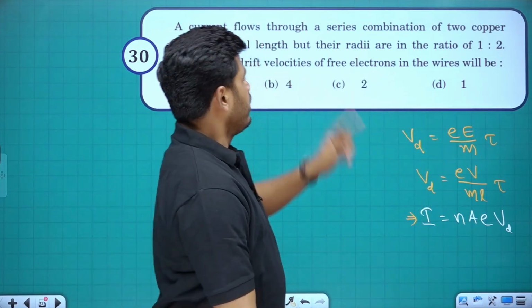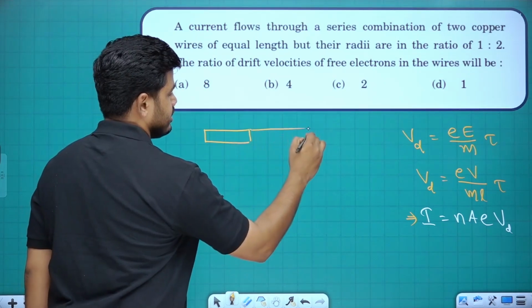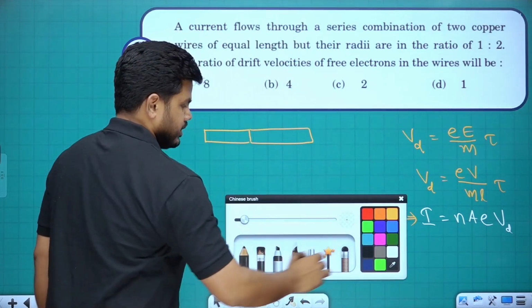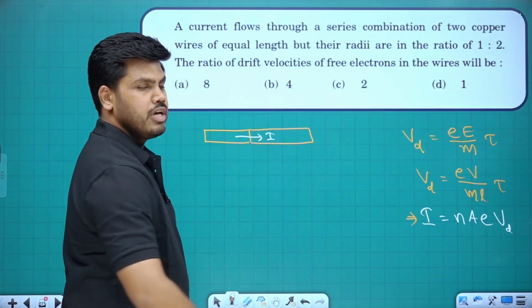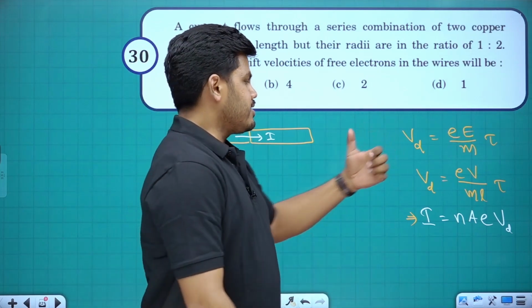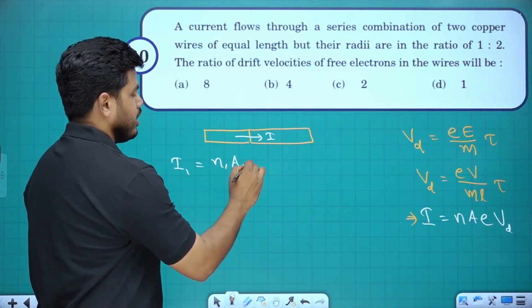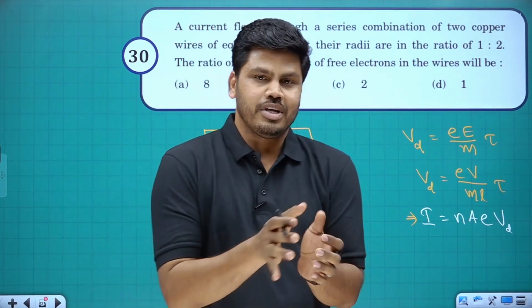Now, if you have two conductors connected in series, see, these are the two conductors connected in series. Fine. Whenever they are connected in series, we know they will have the same current. Current I will be same for both of them. So we can say I1 is going to be N1 A1 e into Vd1. e is the charge of electron, so that will be a constant.